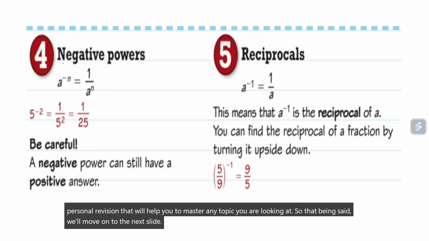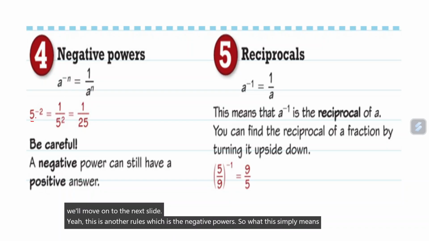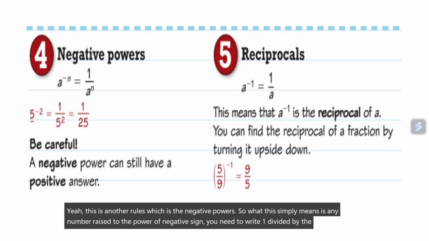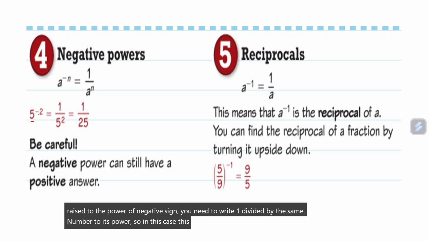This is another rule, which is the negative powers. What this simply means is, for any number raised to a negative power, you need to write 1 divided by the same number to its positive power. So in this case, this is 5 raised to the power of negative 2.